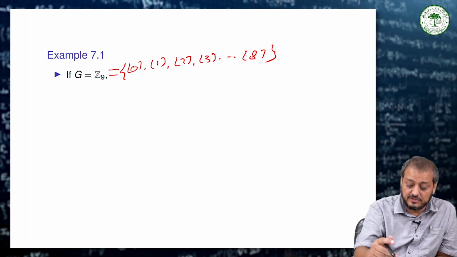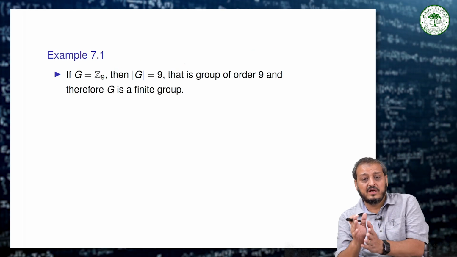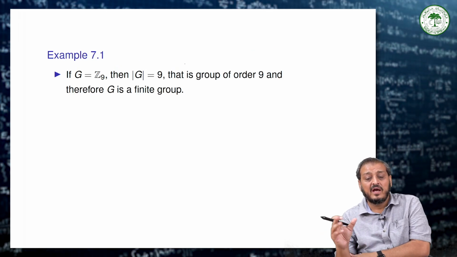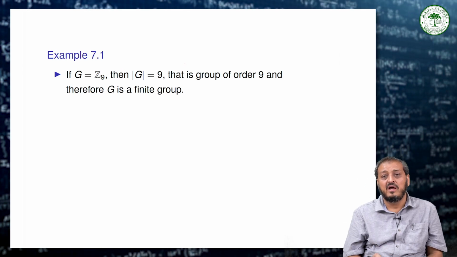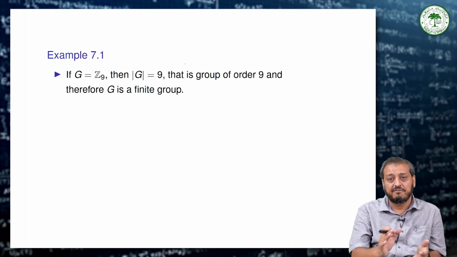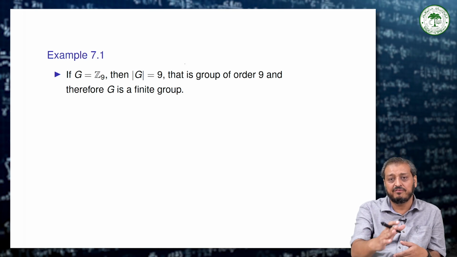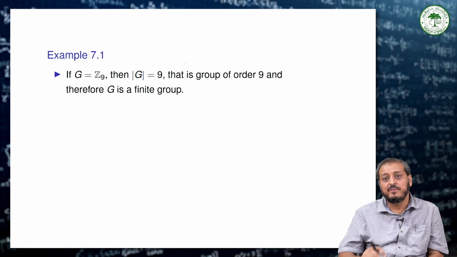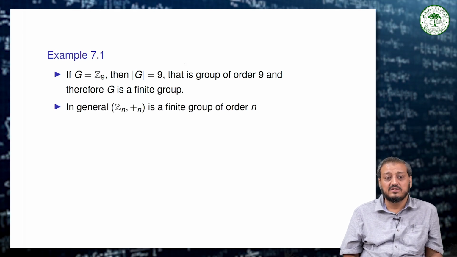This means the size of G, that is the order of G, is equal to 9. Since this group has order 9, it has a finite number of elements, so the group is called finite. So Z9 is an example of a finite group where the number of elements is 9, and the order of this group is equal to 9.